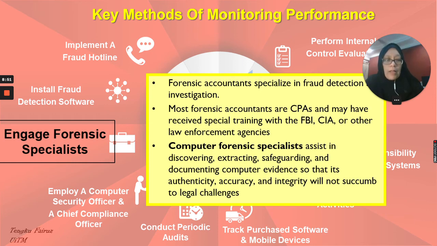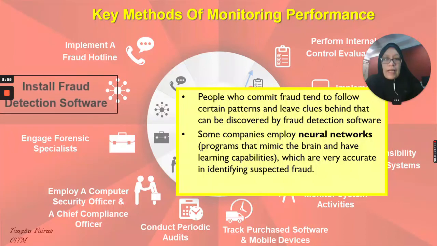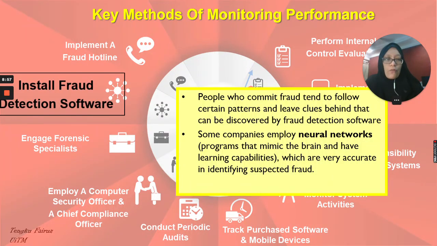Okay, the second last method of monitoring, they can install fraud detection software. This software can detect patterns, because people who commit fraud tend to follow certain patterns and leave clues behind, so it can be discovered by the fraud detection software.